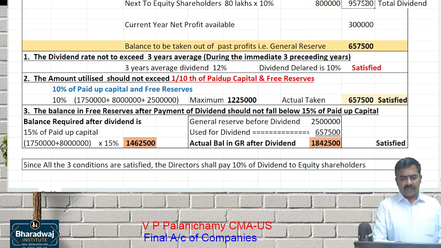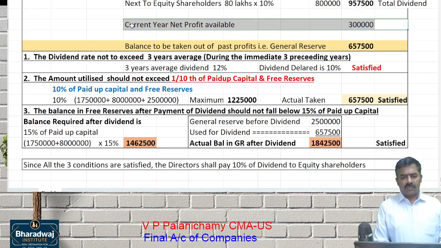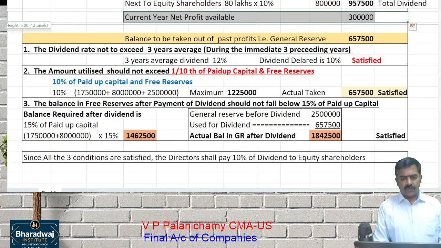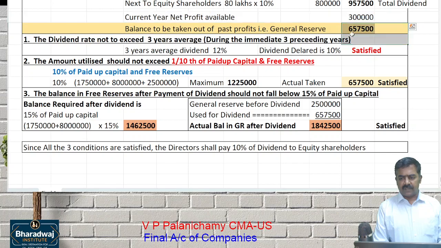So 9,57,500 total dividend we are going to pay. Out of current year profit, we are going to pay how much? 3 lakhs. Out of general reserve, we are going to pay 6,57,500.